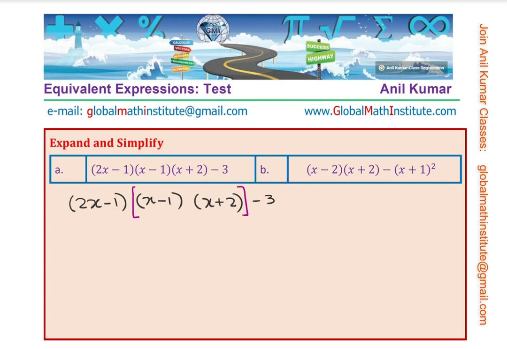So in that case, what do I get here? I get 2x minus 1, and then apply the distributive property. x times x is x squared, plus, write numbers before the variables. And so we have the expansion as shown here. That part is clear to you.